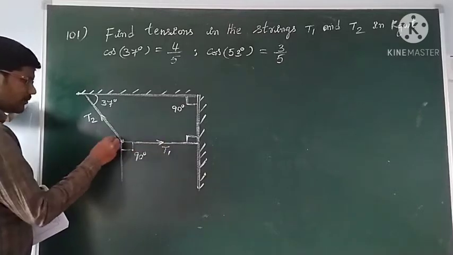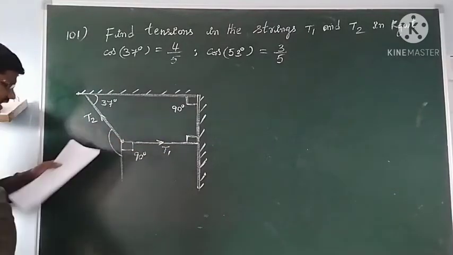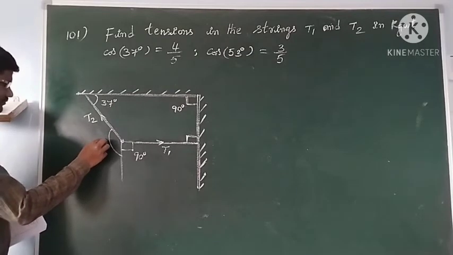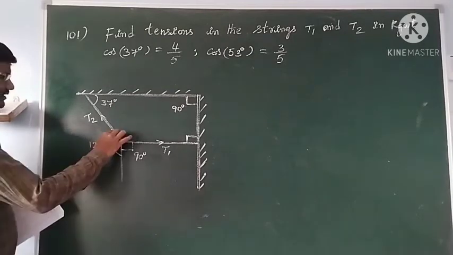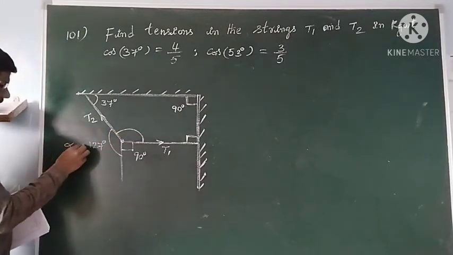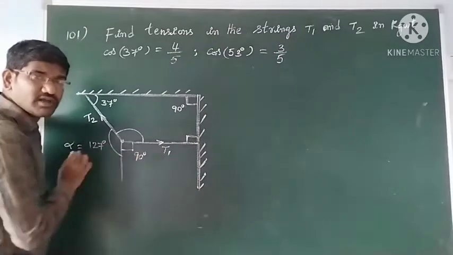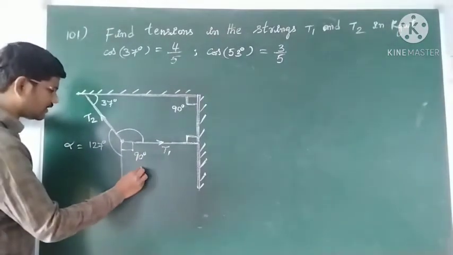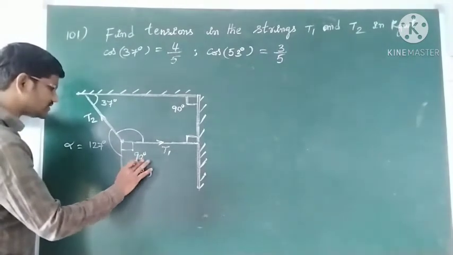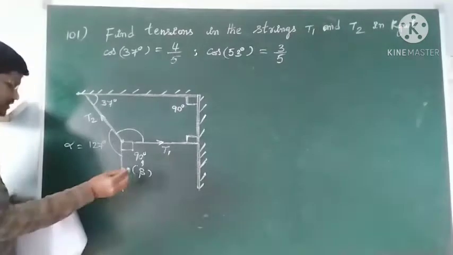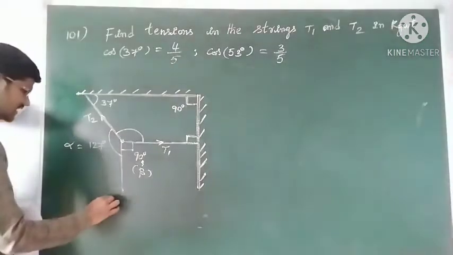The angle opposite to this one is given as 127 degrees, and take this as alpha. The angle opposite to T1 is alpha and the angle opposite to T2 is called beta. So beta is equal to 90 degrees, and the angle opposite to this 10 kilogram weight.